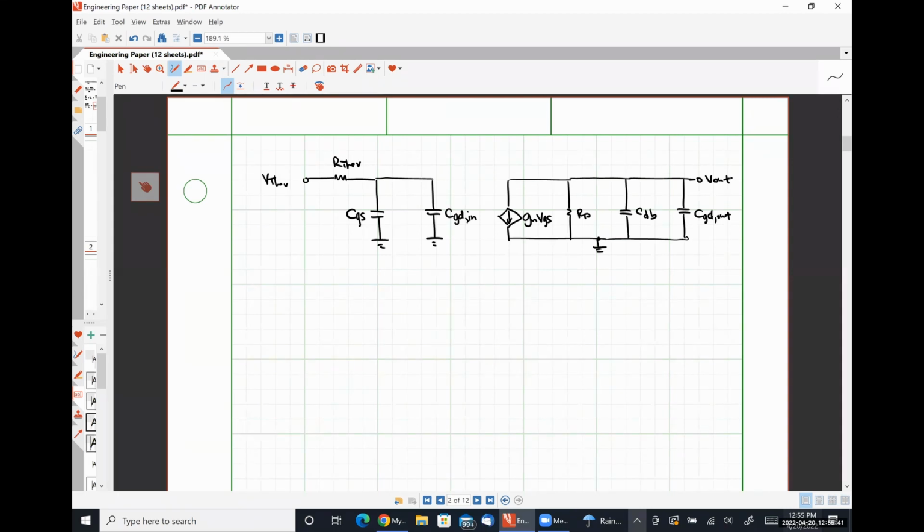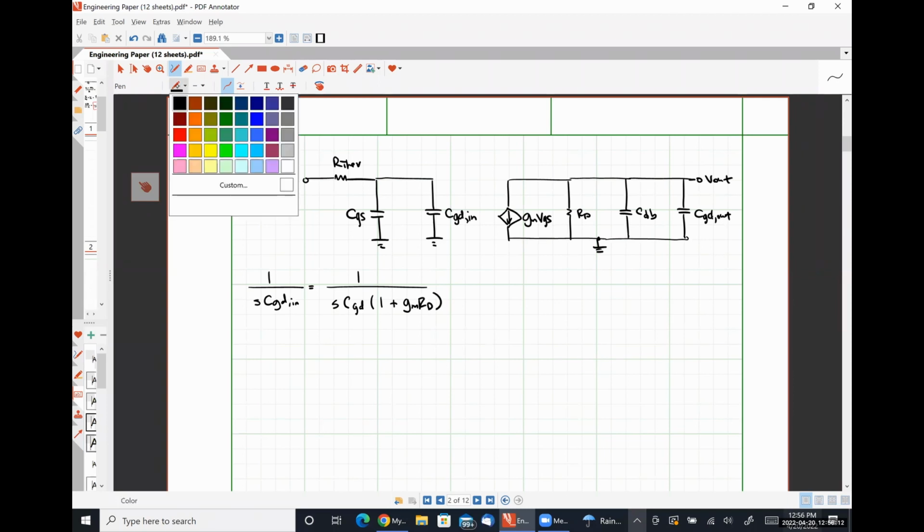So 1 over S CGD in has to be 1 over S CGD times 1 minus K, which is going to be 1 plus GMRD.